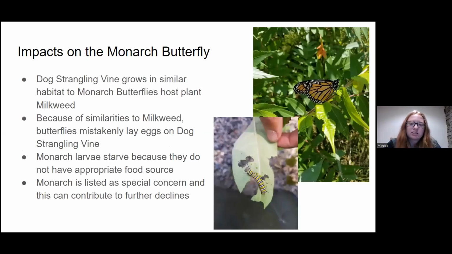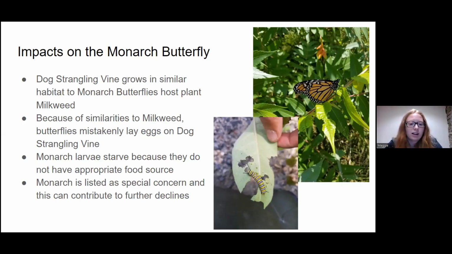And because it's in the milkweed family, it also has impacts on the monarch butterfly. So it grows in similar habitat as the monarch's host plant, milkweed. And quite often, the butterflies mistakenly lay eggs on the dog strangling vine.